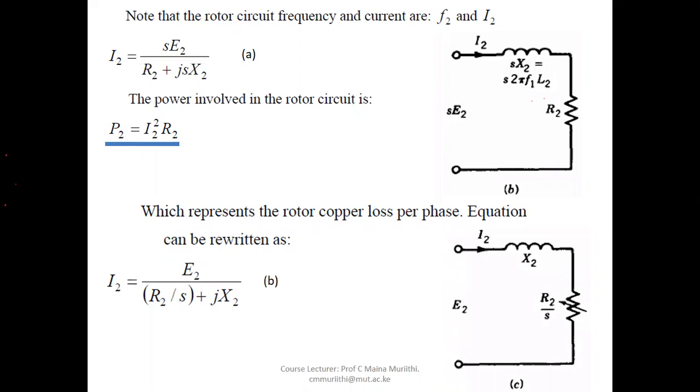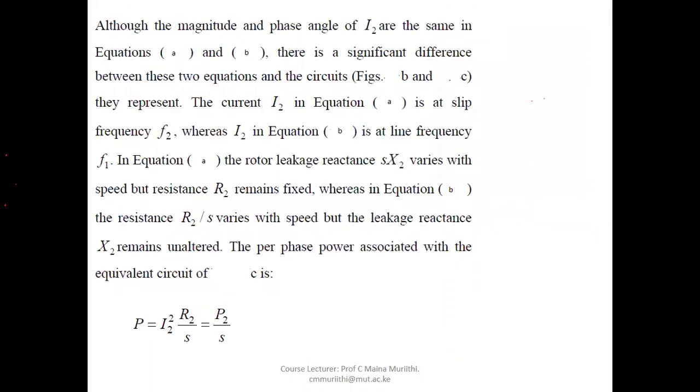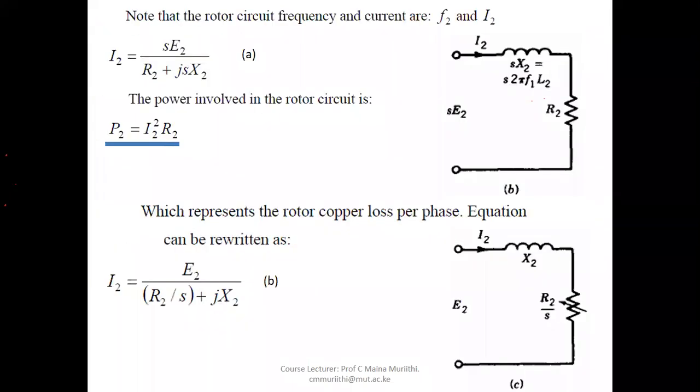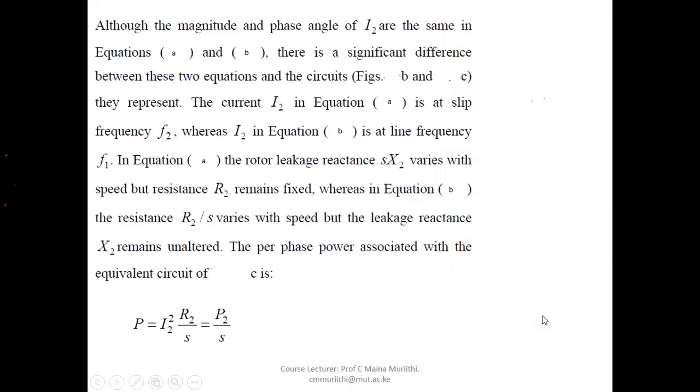And the circuit would look like this. The circuit that relates to this now is at supply frequency, whereas this one was at rotor frequency. So that's a key difference in modeling, and it has its own implications, which are narrated in the following slide.